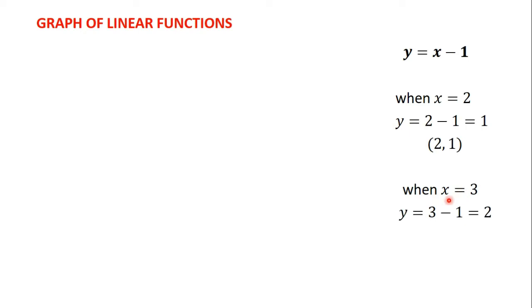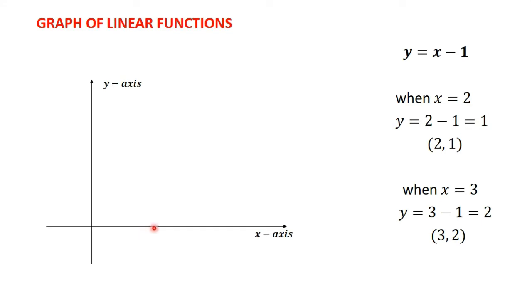When x is equal to 3, y is equal to 3 minus 1. 3 minus 1 will give us 2. This means that when x is equal to 3, y is equal to 2. So we have the second point, (3, 2). Now, we have 2 points that fall on the line. We can plot them on a graph sheet in order to draw the graph of this linear function.